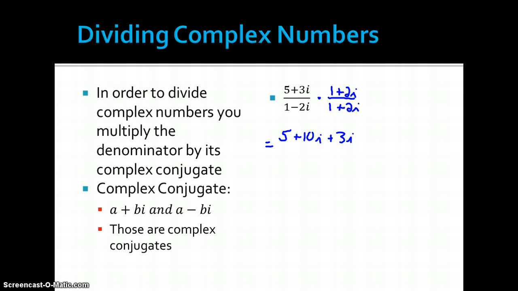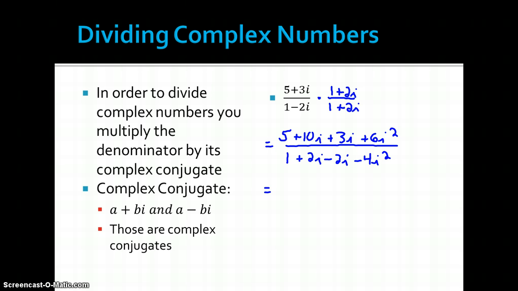And then 3i times 2i is plus 6i squared. That's my numerator. My denominator, 1 times 1 is 1. 1 times 2i is plus 2i. Negative 2i times 1 is minus 2i. And then negative 2i times 2i is minus 4i squared.